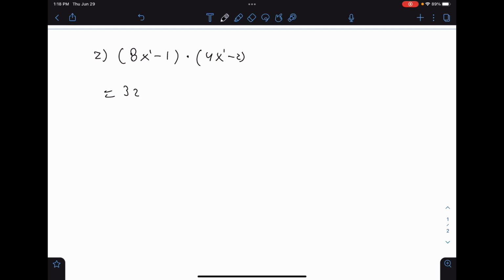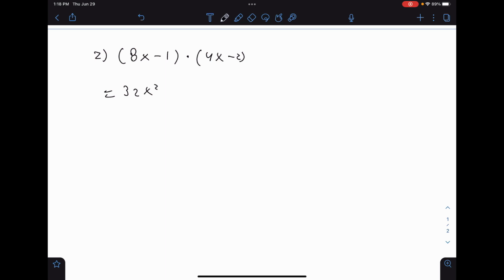And they both have an exponent of 1. Even though we don't denote it with 1, we assume that it's 1 because we know that x to the 0 is actually just 1, right? If I said 8x to the 0, that would be 8 times 1. And you can verify that in your calculator. So this is 32x squared.